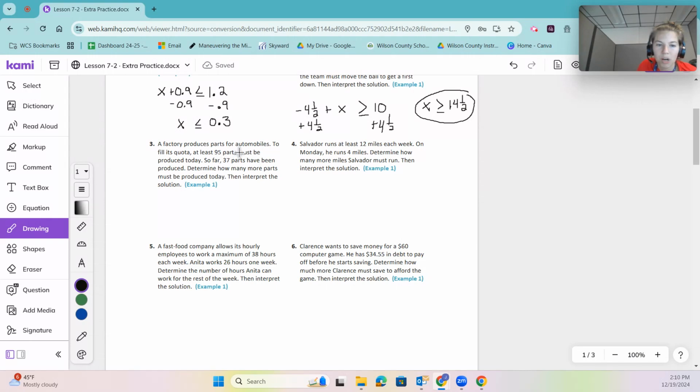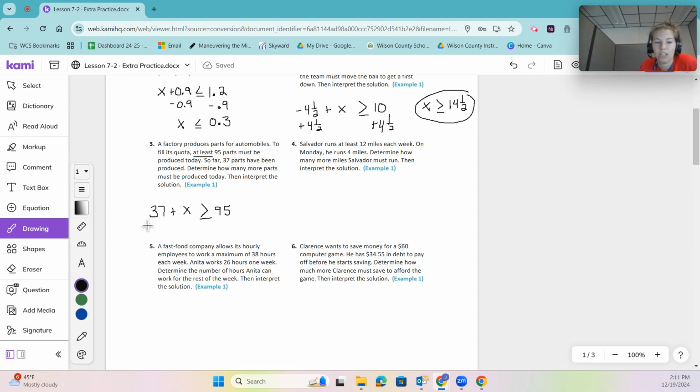A factory produces parts for automobiles to fill its quota. At least, okay, that means the smallest amount, 95 parts must be produced. You can produce more than that, but at least 95. So the amount you have to produce is greater than or equal to 95 parts. So far 37 have been produced. So 37 plus some number is going to be greater than or equal to that 95.